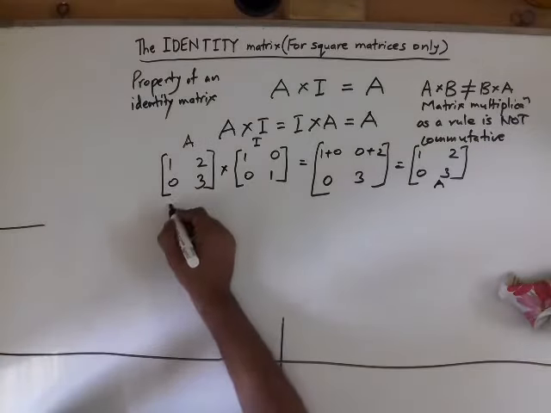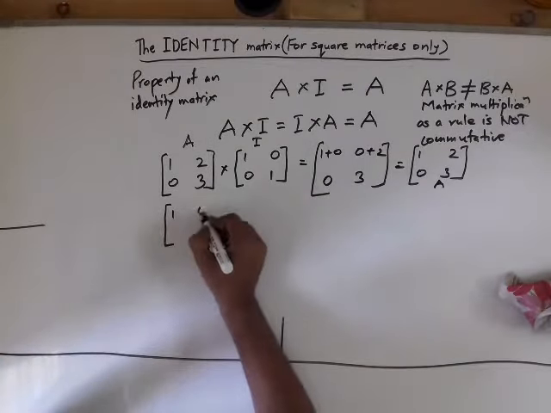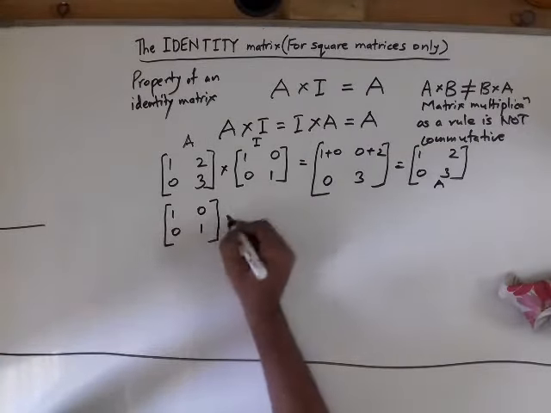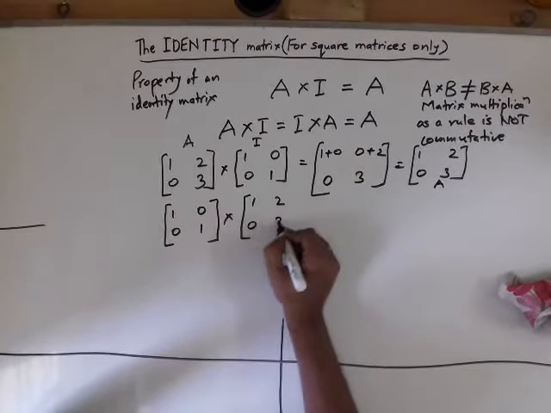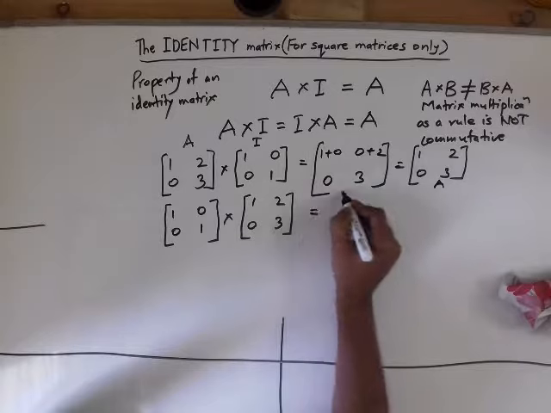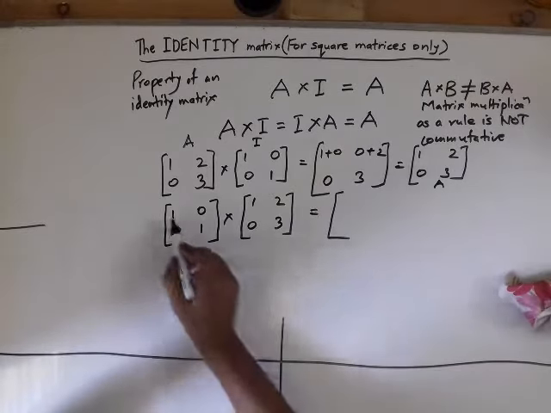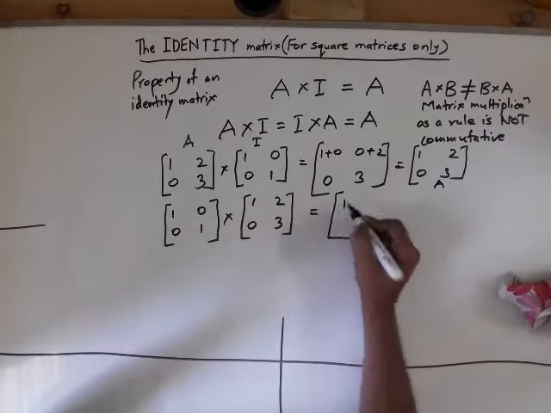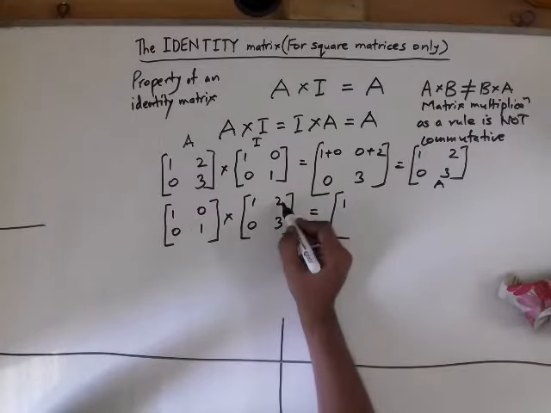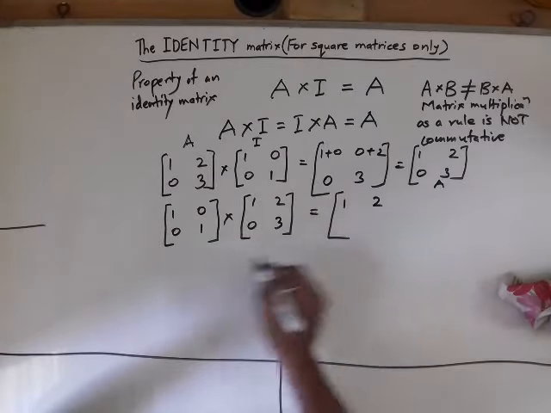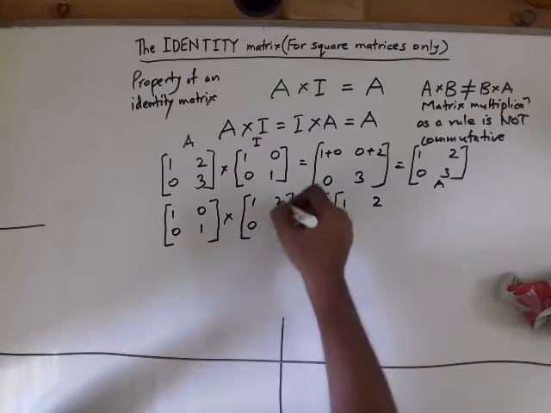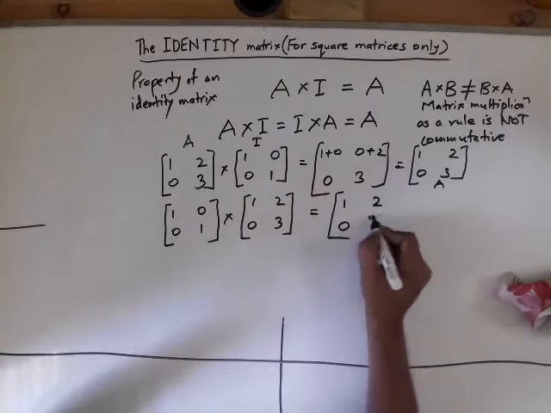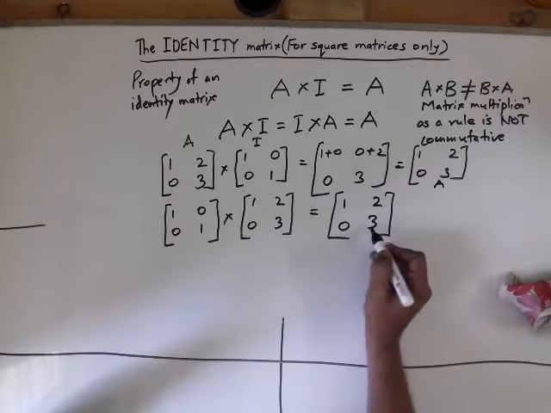Let's try the other way around. 1, 0, 0, 1 into 1, 2, 0, 3. Let's calculate this. We get a 1 here, we get a 2 here, we get a 0 here and a 3 here. 1, 2, 0, 3.